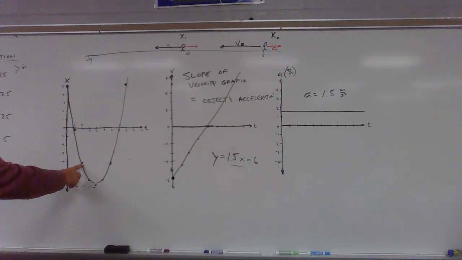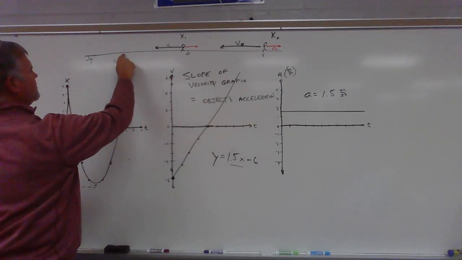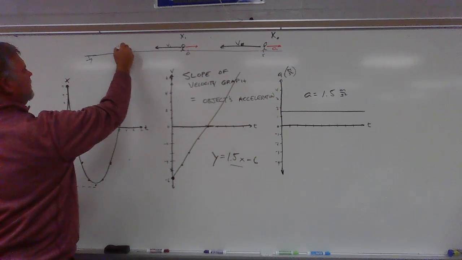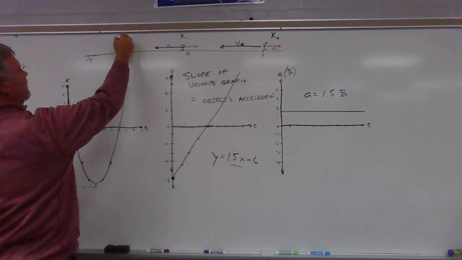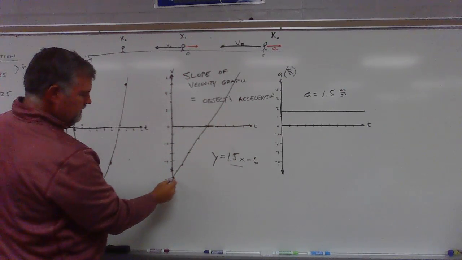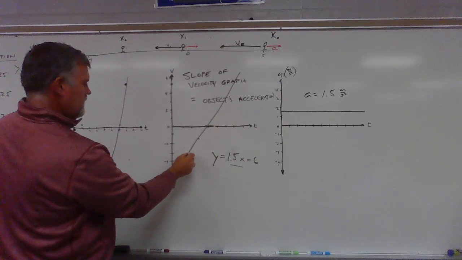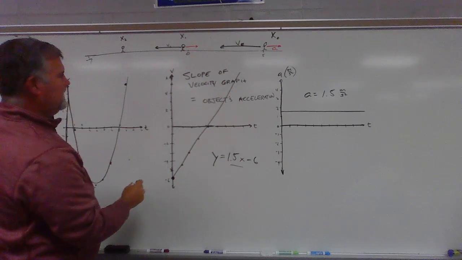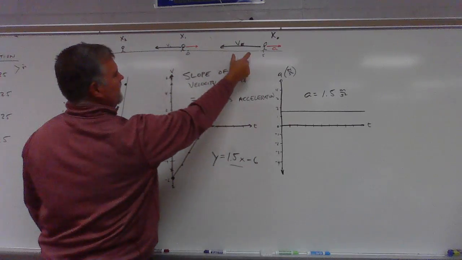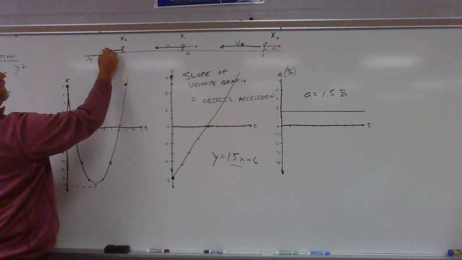After 2 seconds of travel, this dude has made it to the 4-meter mark, which is somewhere in here. And after 2 seconds, the velocity has slowed to 3 meters per second, so half of the original velocity vector.